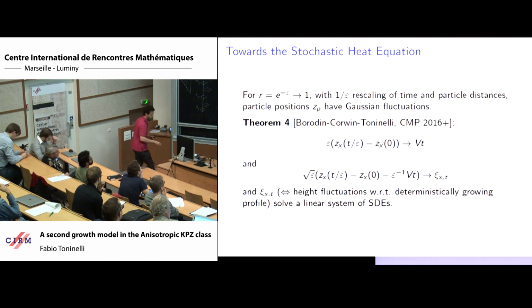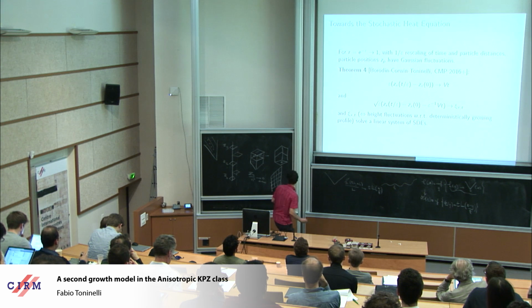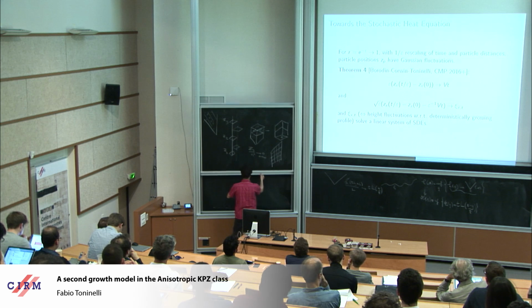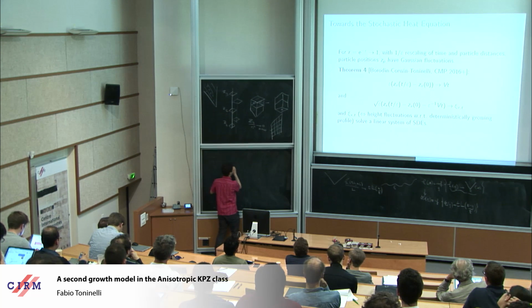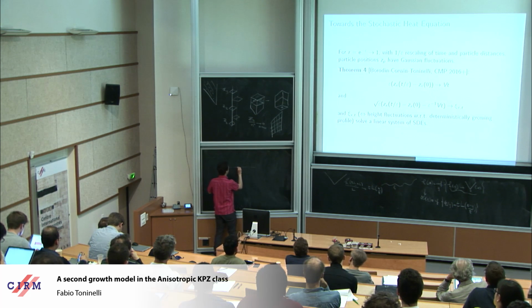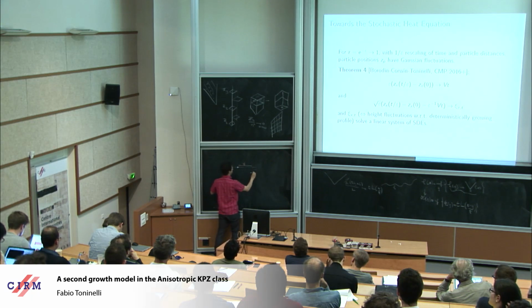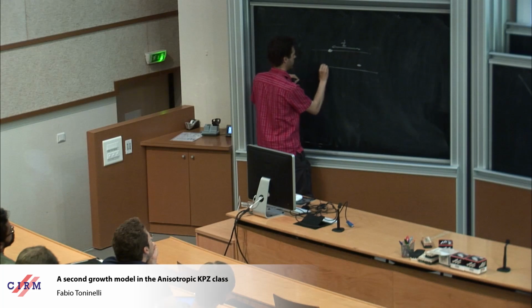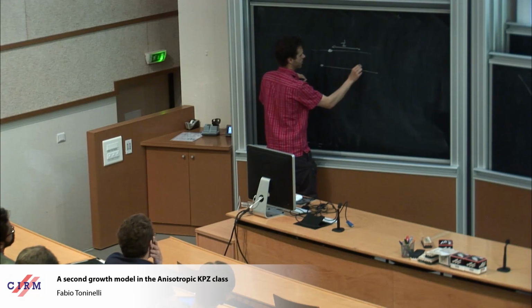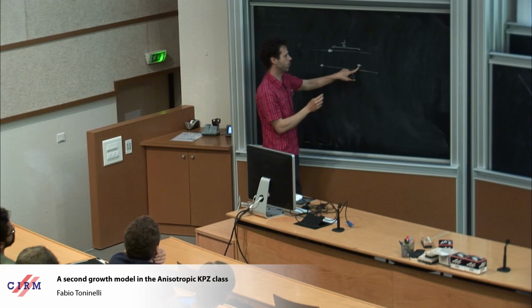You should imagine that in the initial condition of this theorem, you have these particles which are spaced by distances 1 over epsilon plus a little bit, like 1 over square root of epsilon.